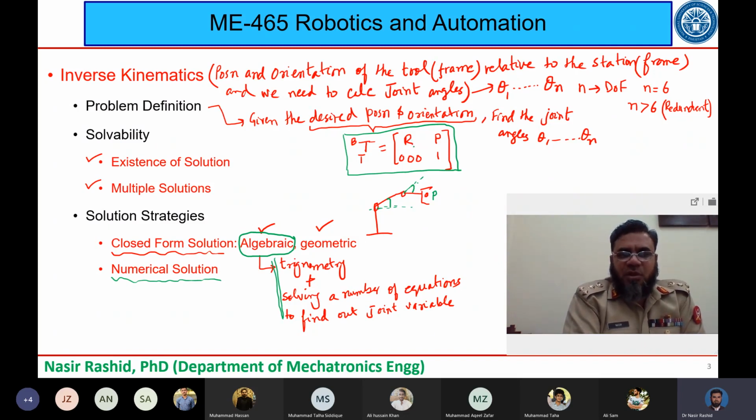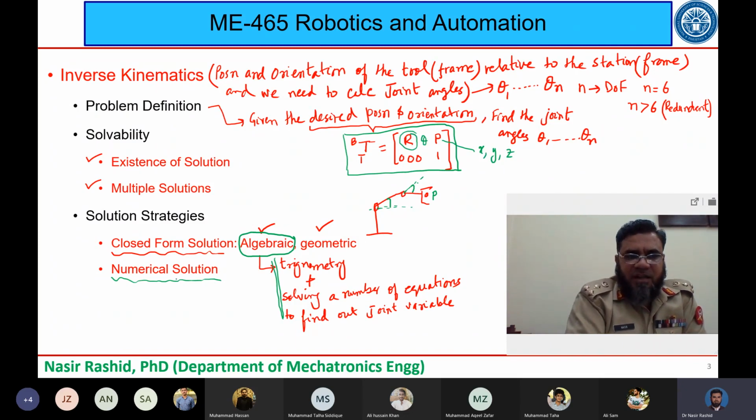So just to give you an idea of what a numerical solution would be, here we have x, y and z, and this r is in terms of angles, thetas. ये आपको याद होगा.